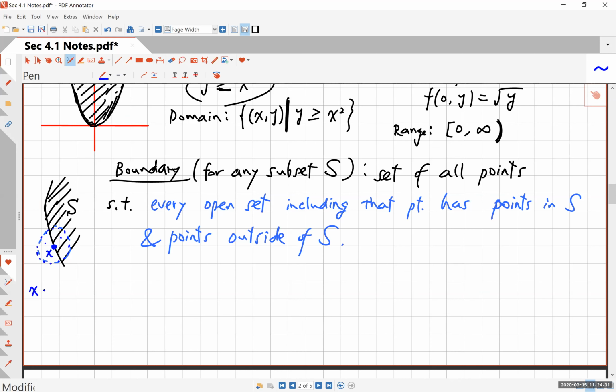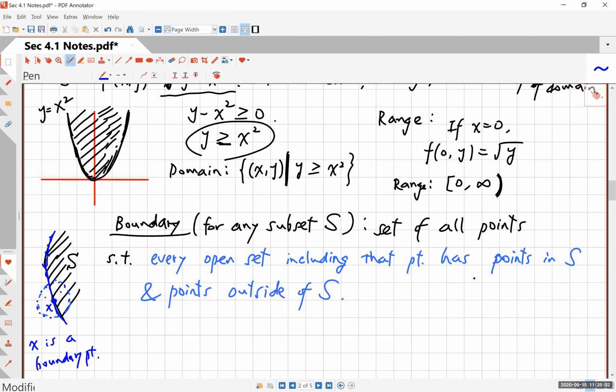And so x is a boundary point, because every epsilon ball about x, or every neighborhood about x, i.e. every open set that includes x in its interior, is going to have a point in S and a point outside of S. Okay, so x is a boundary point, and in this case, of course, all of these points are boundary points, and so the boundary for S will be this entire line, because every single point has that property.